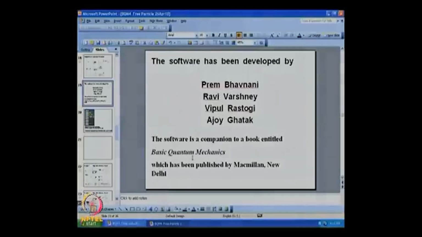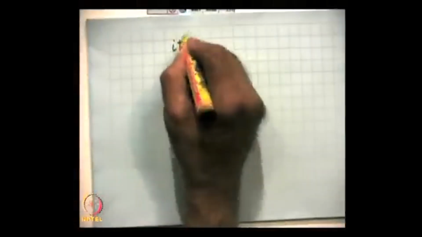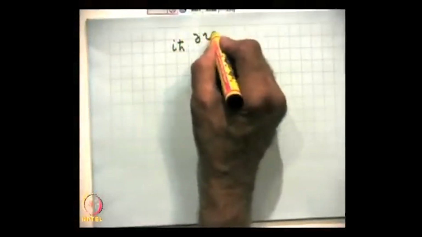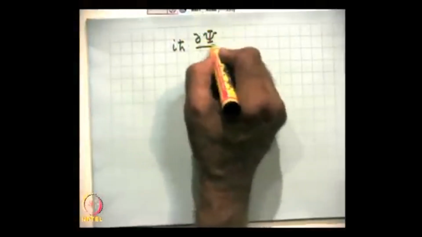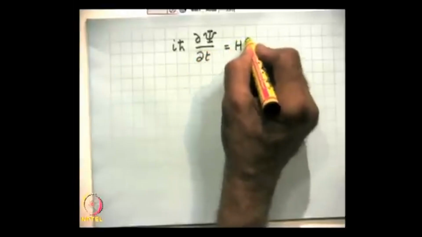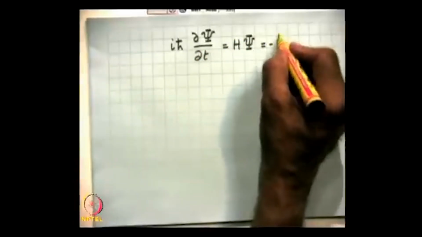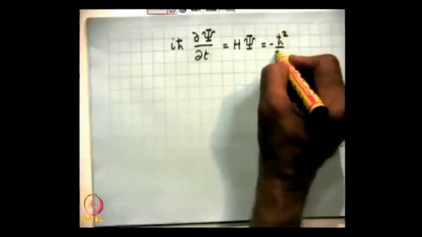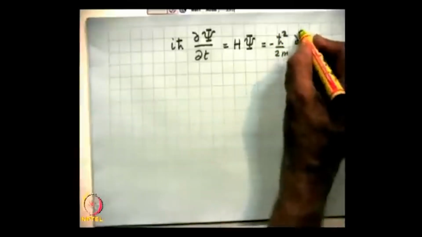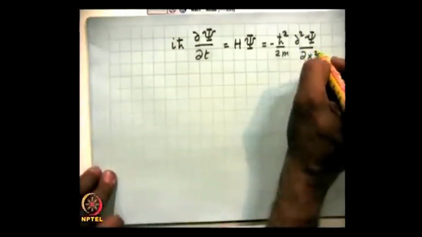So, let me summarize what I have done. First of all, we wrote down that the Schrodinger equation cannot be derived, and that is given by i h cross delta psi by delta t is equal to H psi. Now, for a one dimensional free particle, this is equal to minus h cross square by 2m delta 2 psi by delta x square. So, what is the most general solution of this equation?